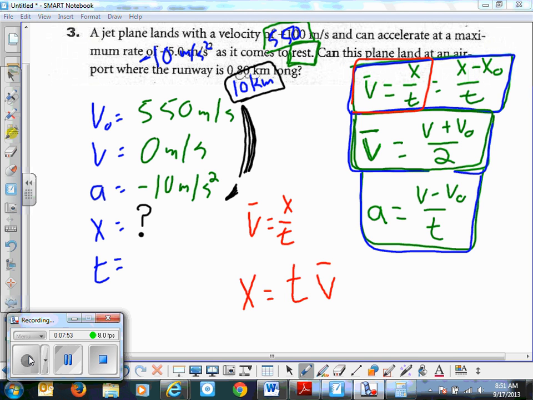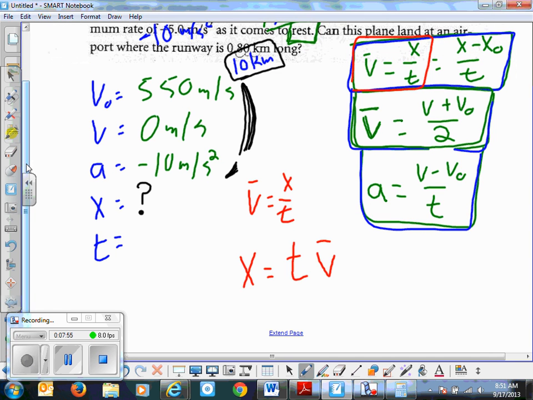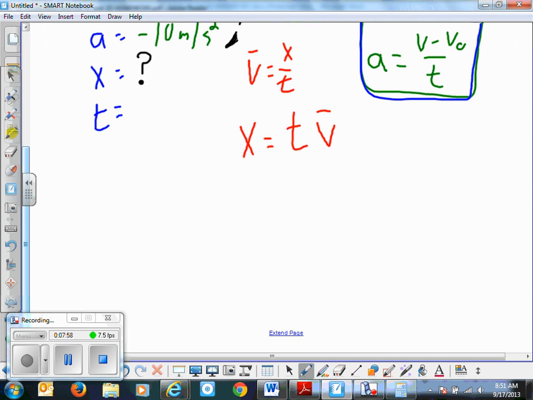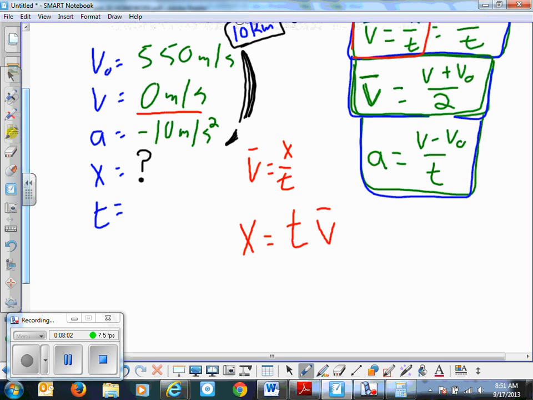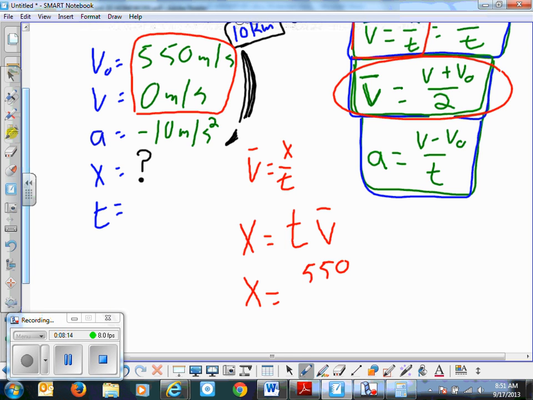So if you look at this, we kind of hit a hard spot because we could have an average velocity, right? Because we see that these are 2 velocities here. So we can right away say that our average velocity, using this formula, is going to be 550 divided by 2. That's our average velocity. Do you agree? So now we're left over here with time, but we don't have time.